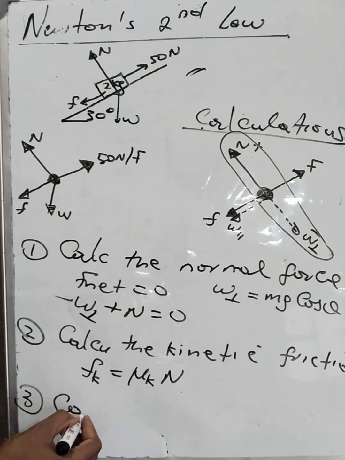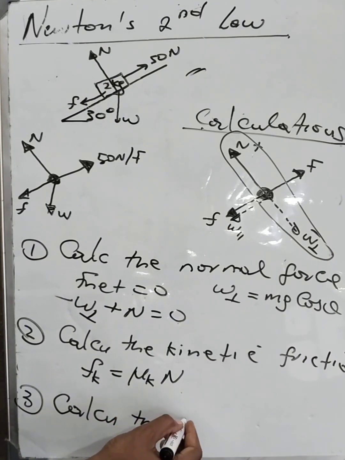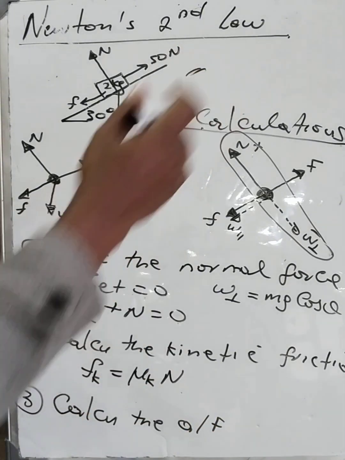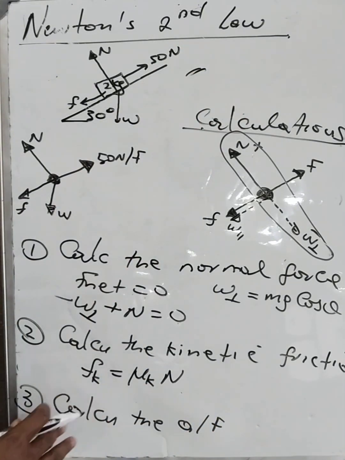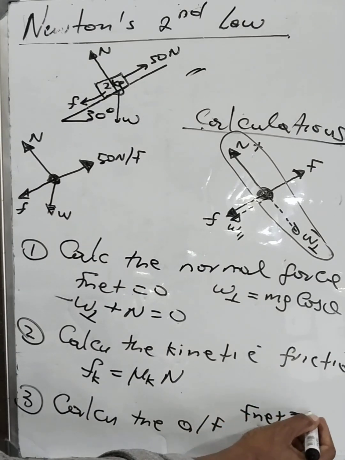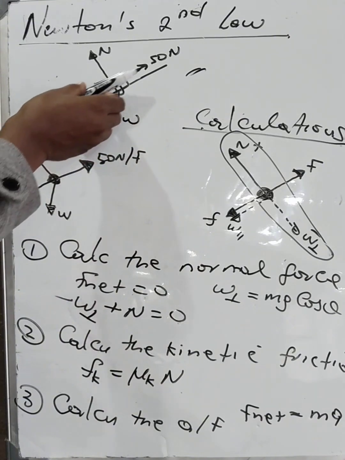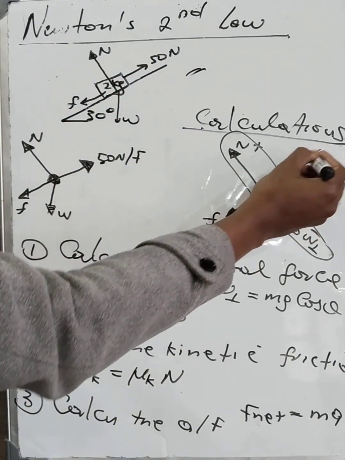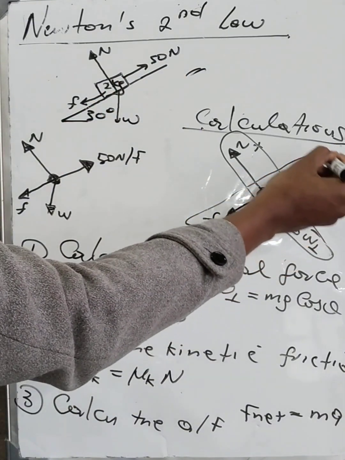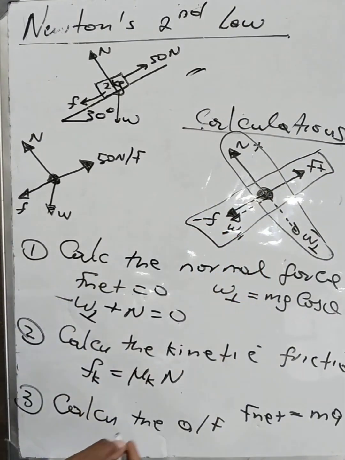The last question can say calculate the magnitude of acceleration or the magnitude of the force applied. Okay, so in this one we are going to use F net, which is equal to ma. This one is positive, this one is negative, this one is negative.